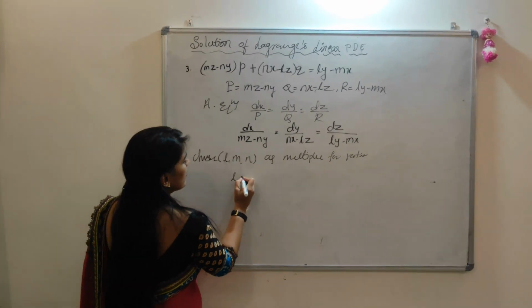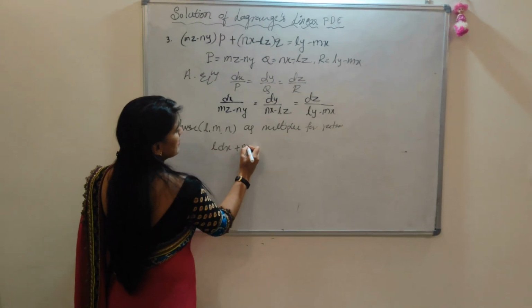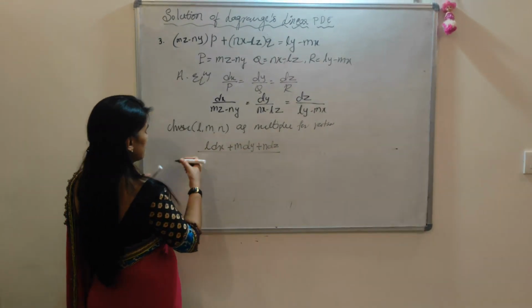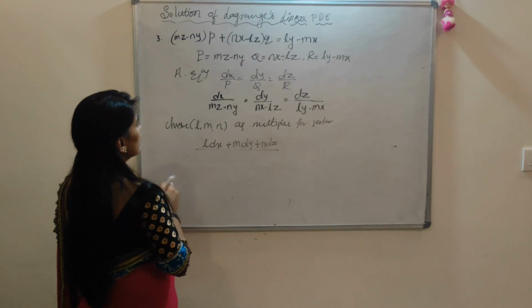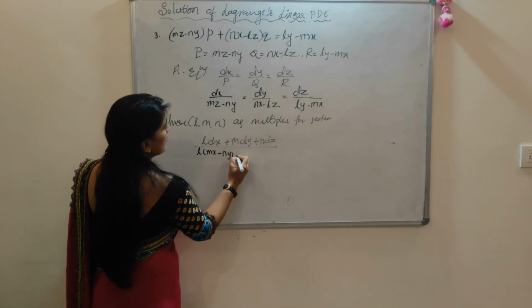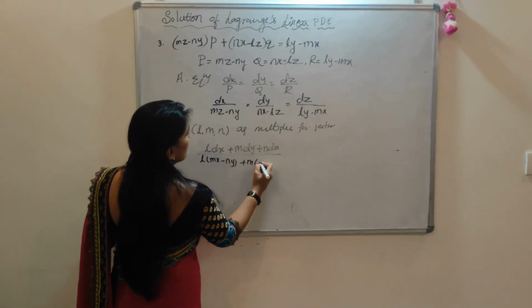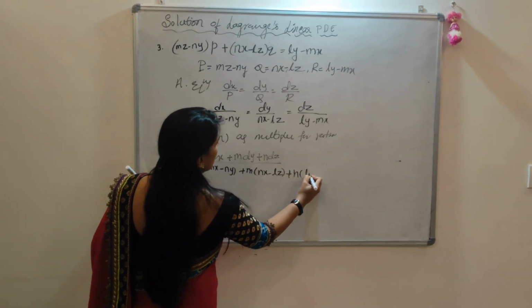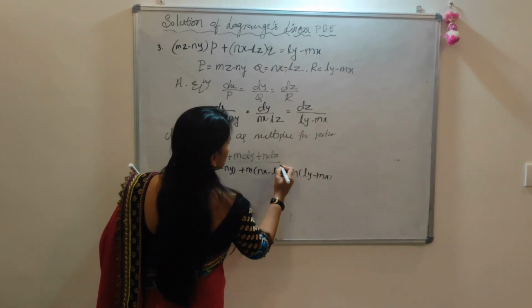So, l dx plus m dy plus n dz divided by, see here in the denominator, l of mz minus ny plus m of nx minus lz plus n of ly minus mx.